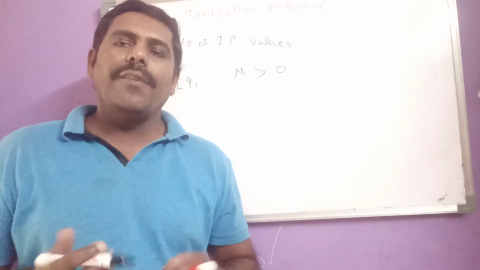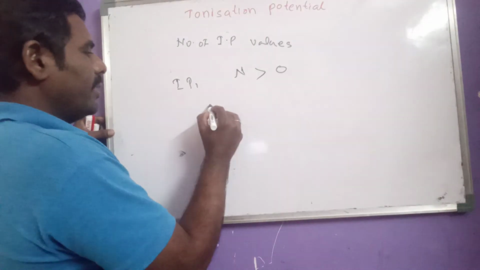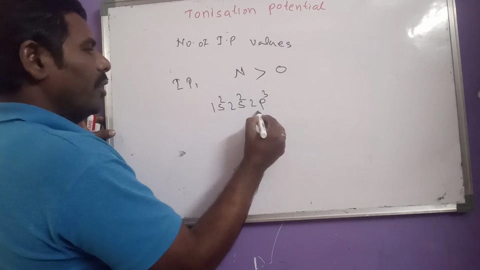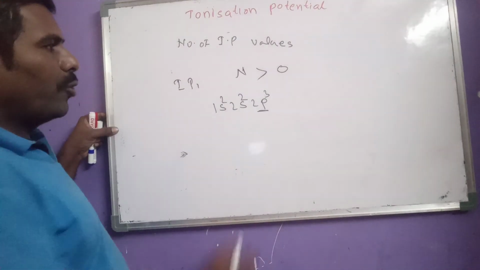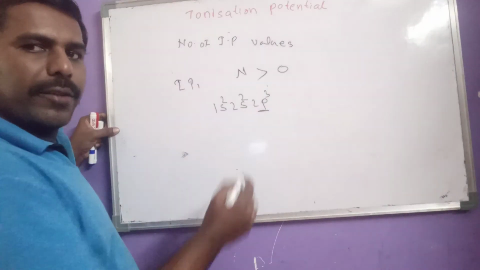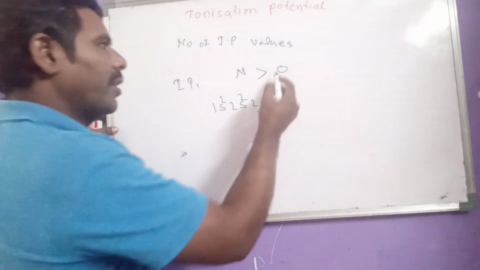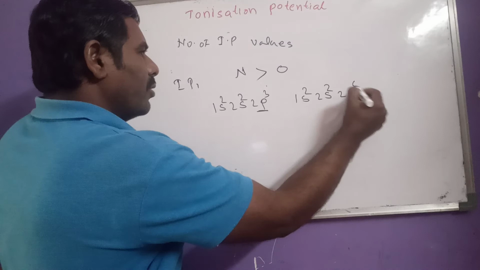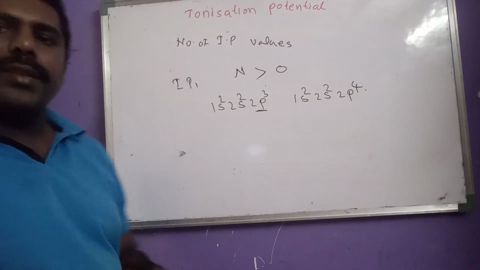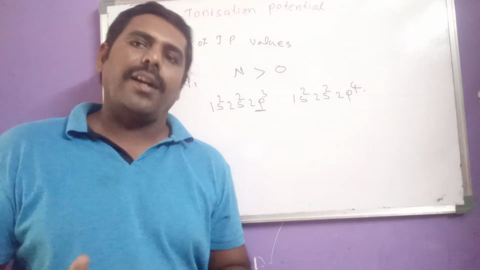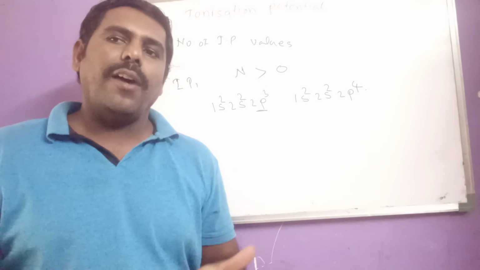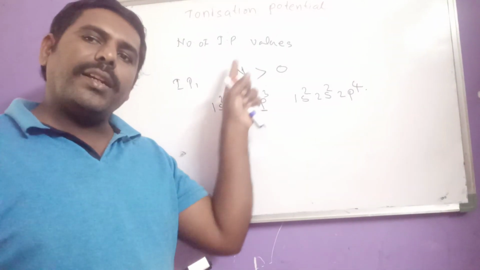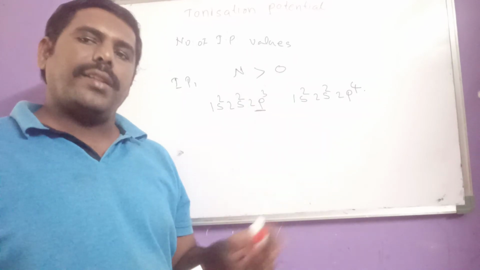Very simple. Nitrogen has half filled configuration 2s2 2p3. 2p3 is a half filled configuration. But oxygen has configuration 1s2 2s2 2p4, which is an incompletely filled configuration. So due to the half filled configuration, first IP of nitrogen is greater than that of oxygen.